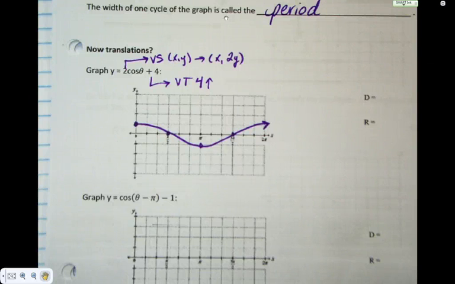Okay, go ahead and do the vertical stretch. Is that better?